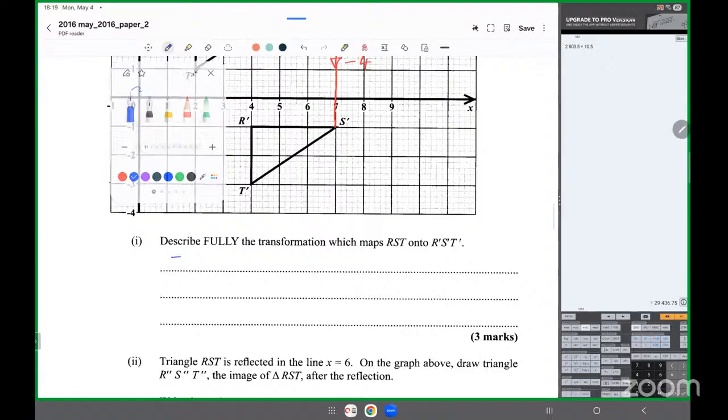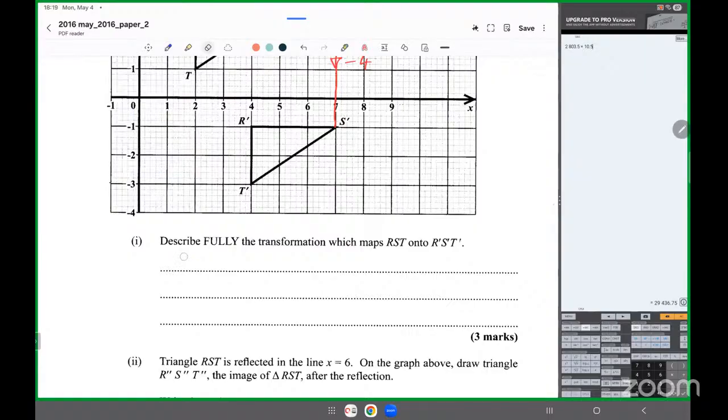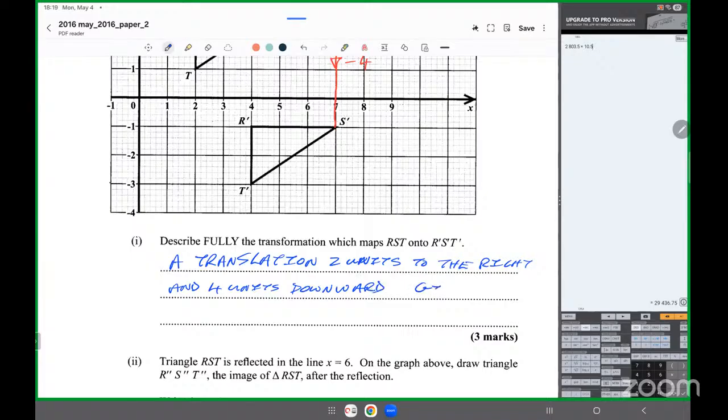So it's a translation two units to the right and 4 units downwards, given by.